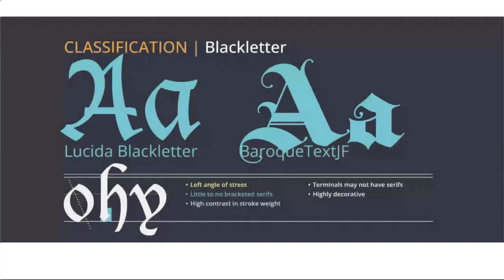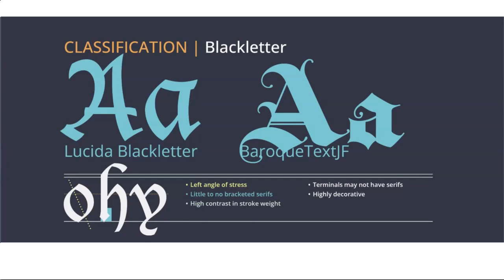All right, so the first classification we're talking about is black letter. Black letter has an ornate or decorative type of feel to it. This was considered very hard to read in large form because it's very decorative.